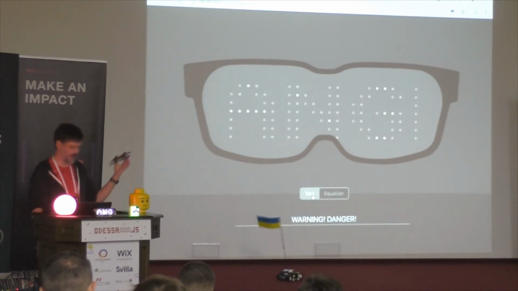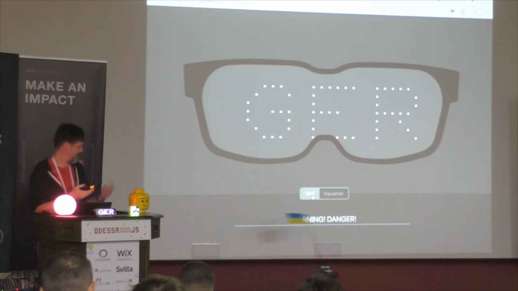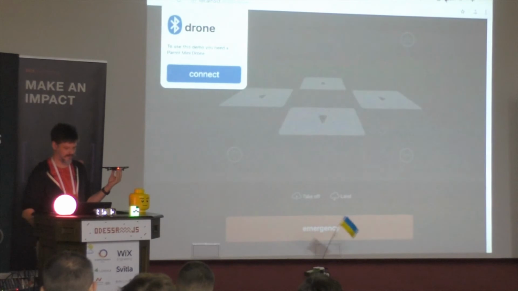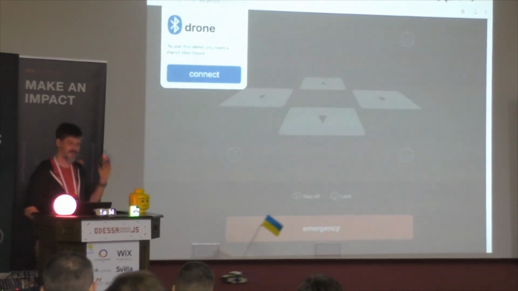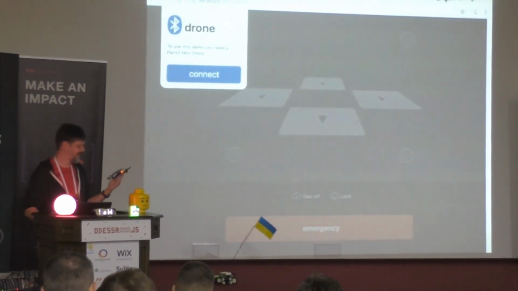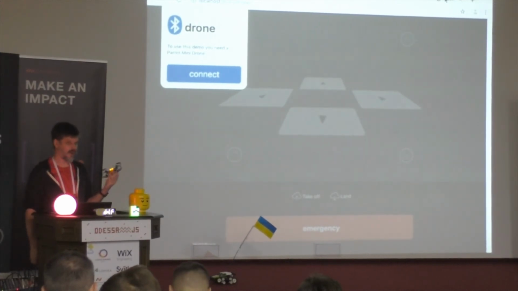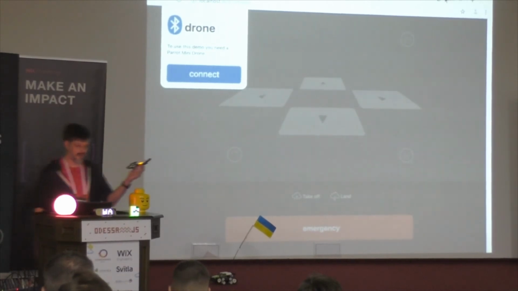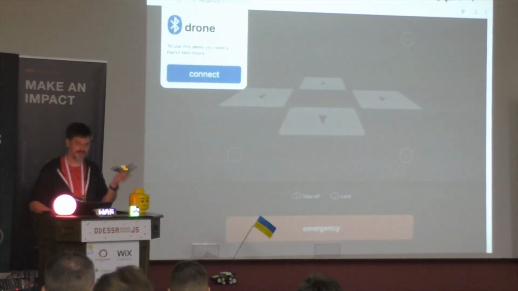So I have a drone with me. And it's going to take a while to boot up. And then hopefully it's going to fly. Now, I know the people on the first row, this is actually dangerous. I'm sorry.